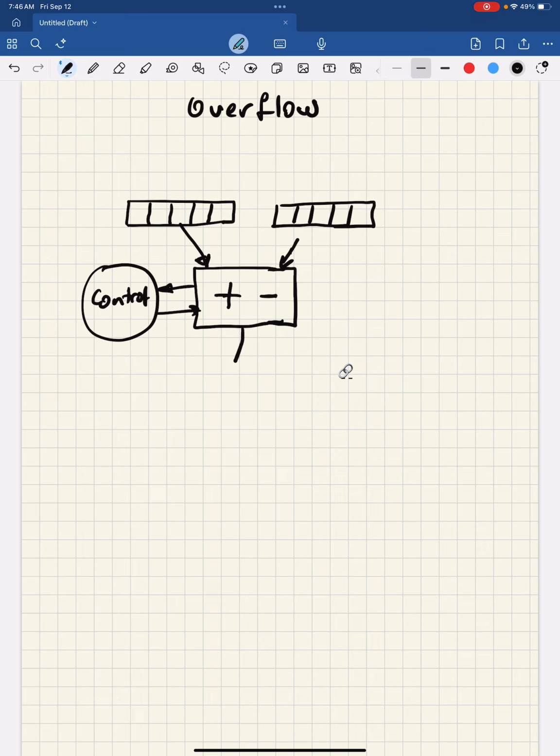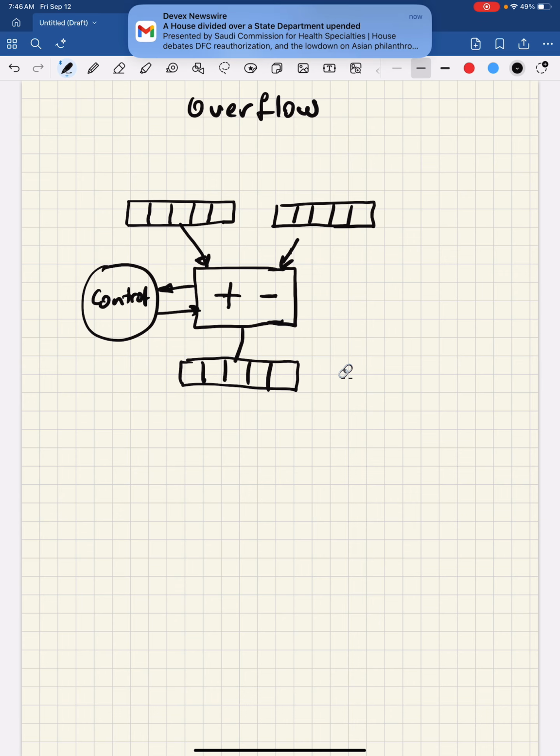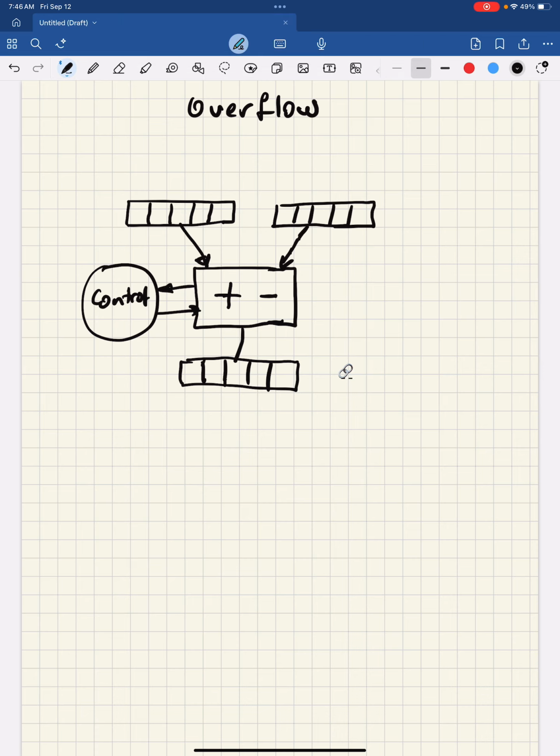Then this will give us something that is also 5 positions that we will call the result. 1, 2, 3, 4, 5 positions. So this is how our computer processes: we put 2 numbers in as the 2 operands, and then we track the result.